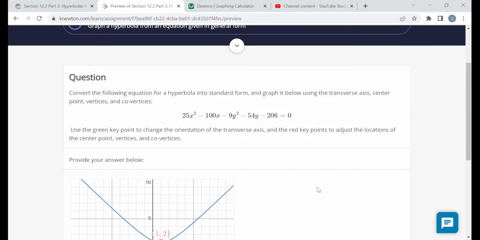Alright. So again, I'll just skip to the step where I would factor 25 out of the x terms and -9 out of the y terms and add 206 to the other side. So I'm going to jump to that step first.